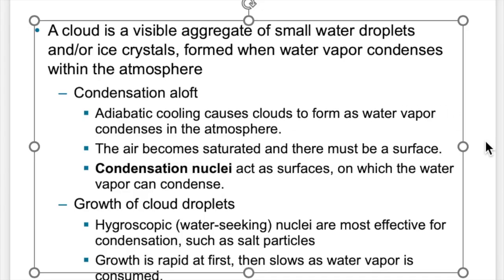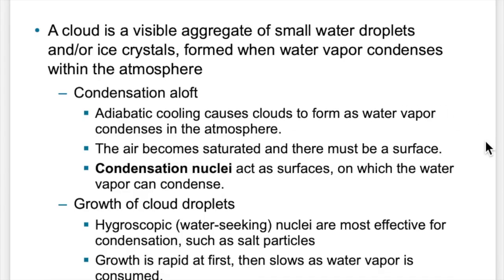Growth is rapid at first, but then slows as water vapor is consumed. Other sources of condensation nuclei would be dust from dust storms, particulates from volcanic eruptions, and pollen from plants.